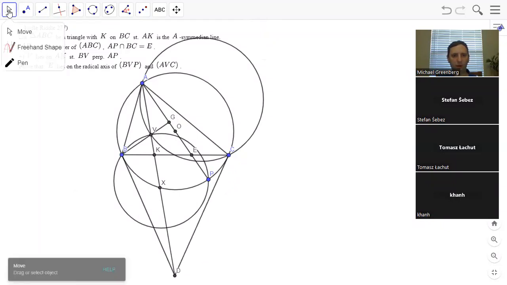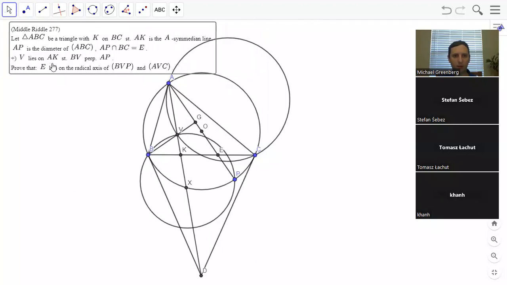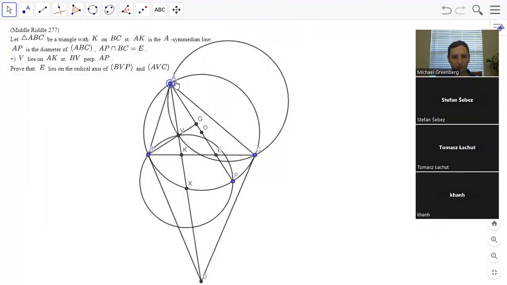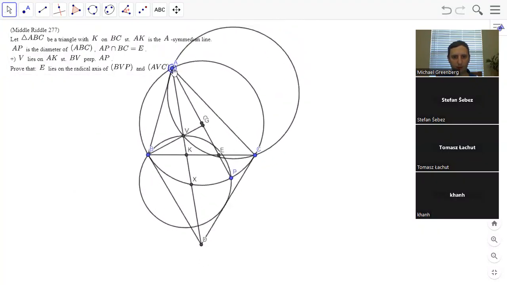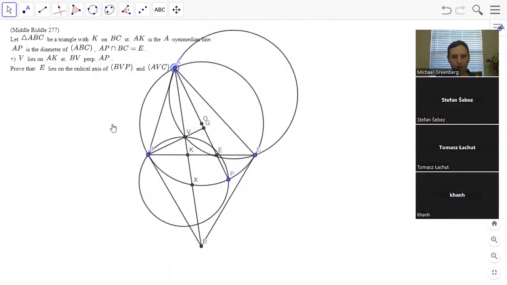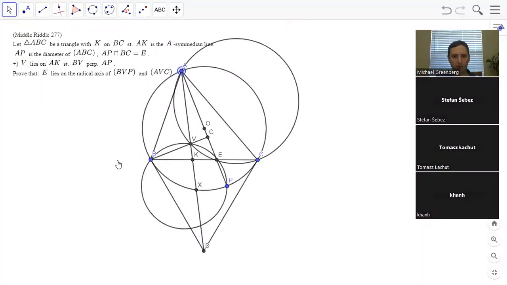All right. So if I move A up higher, maybe something like that looks good.